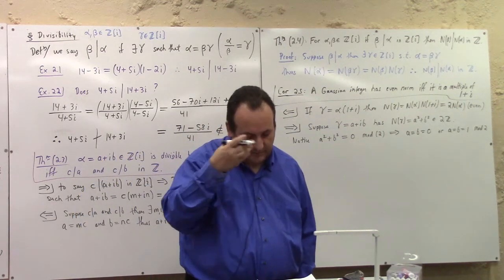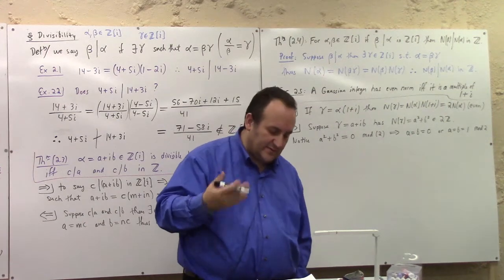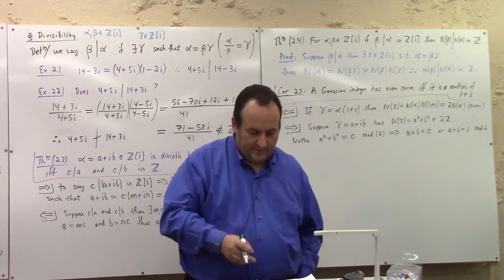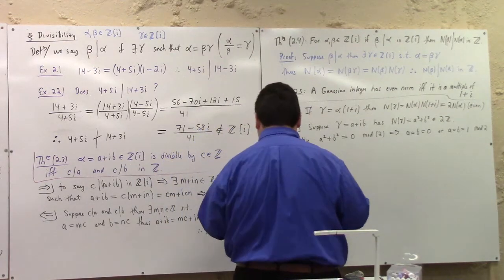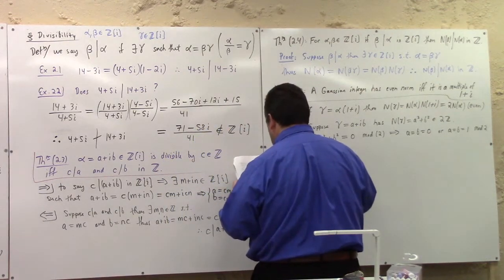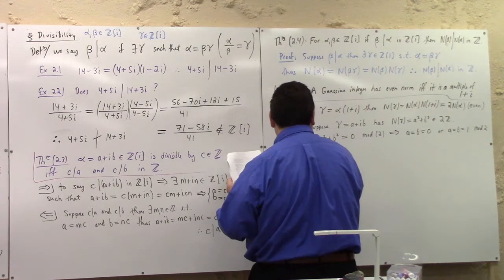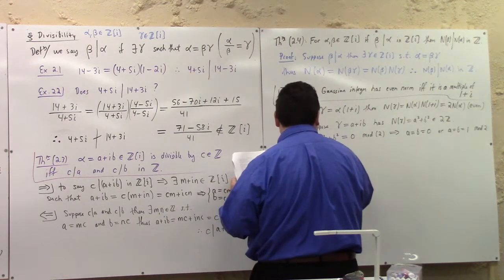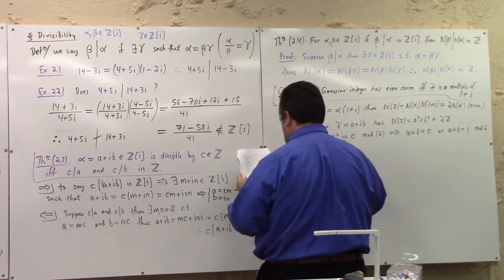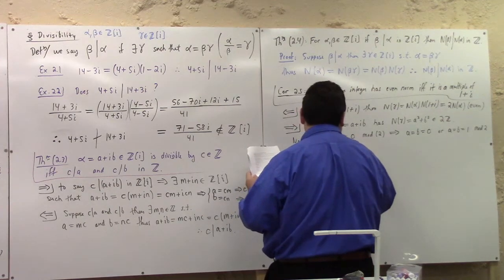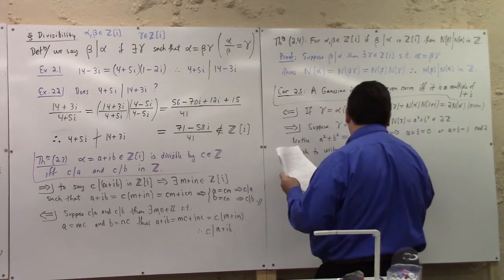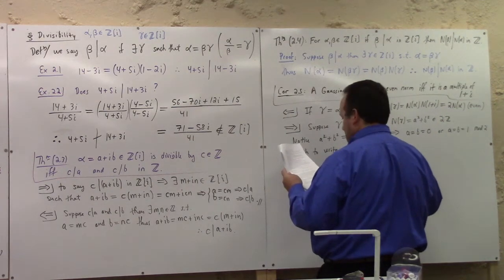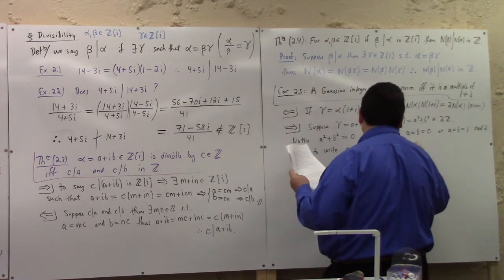Returning to the original interpretation in terms of integers. All right, now here's the trick. There's got to be a trick. We wish to write a plus ib equal to (1 plus i) times something, let's say u plus vi.